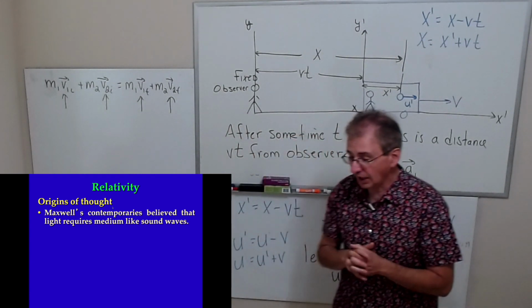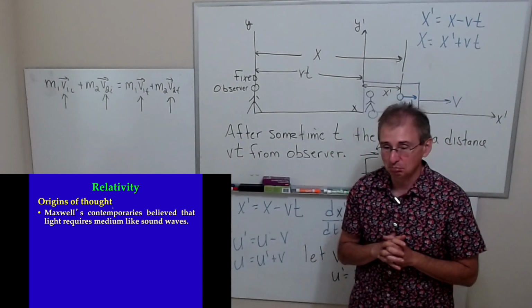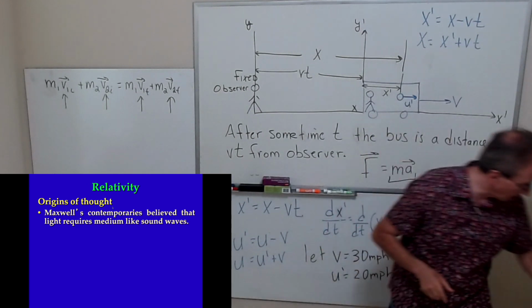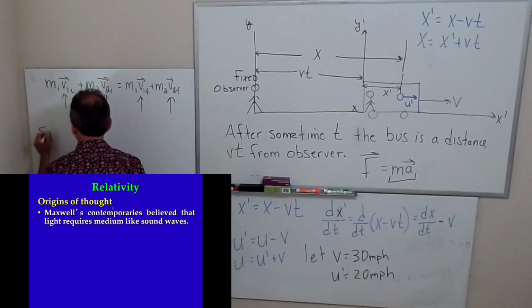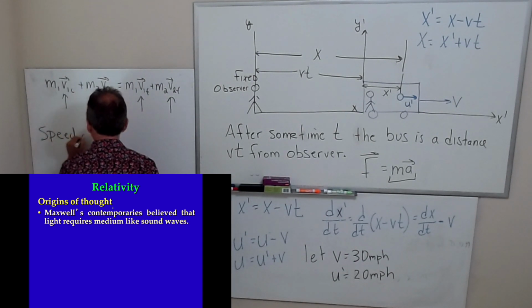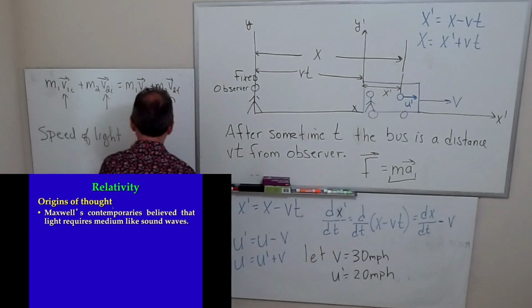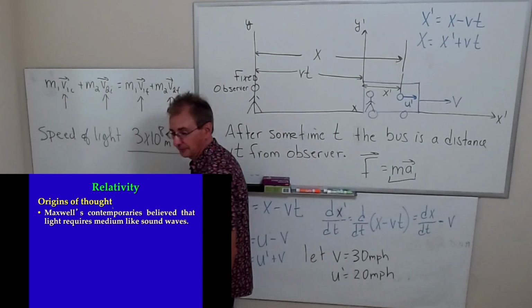Well, the speed of light is much higher than the speed of sound. So the speed of light, let me write it down. Speed of light is this value.